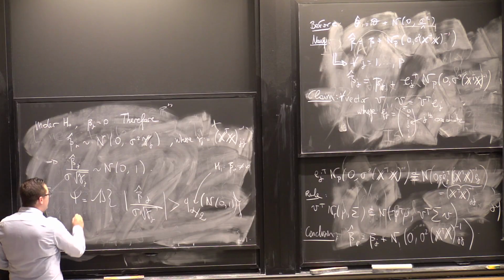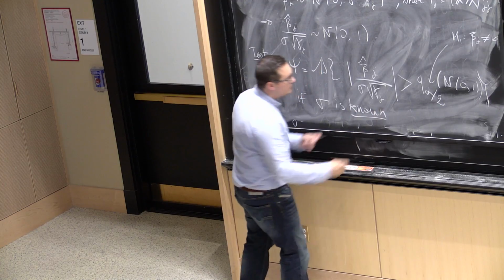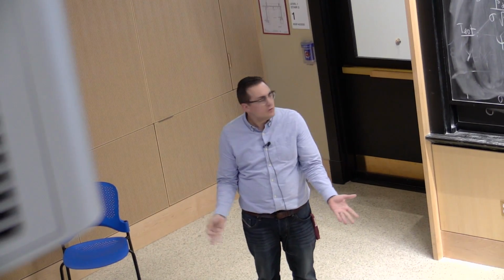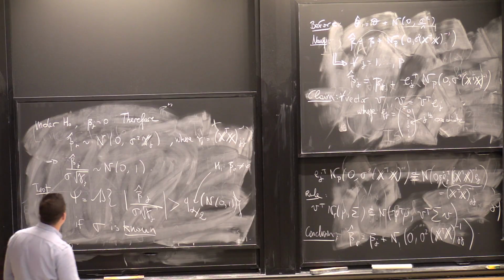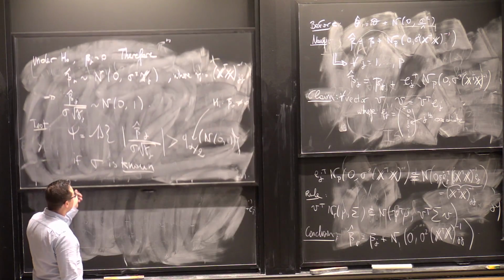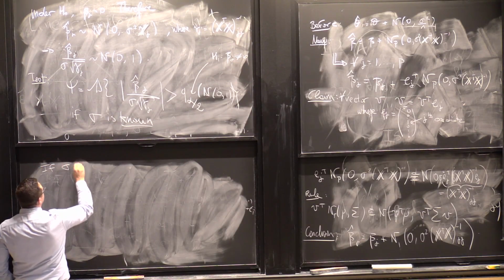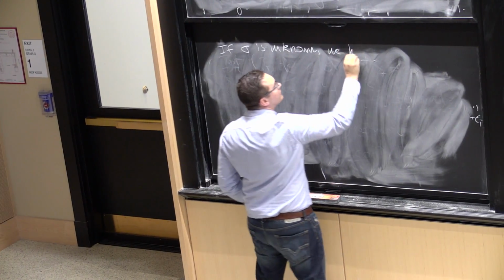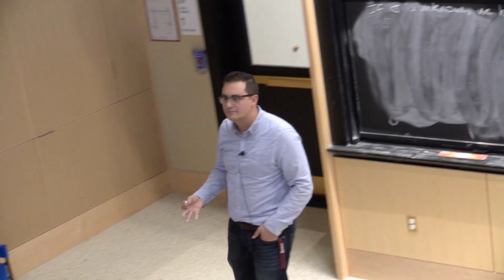So that works if sigma is known, right? Because I need to know sigma to be able to build my test. So if sigma is unknown, well, I can tell you use this test, but when I'm going to have to plug in some numbers, I'm going to be stuck. But if sigma is unknown, we have sigma hat squared as an estimator, right?